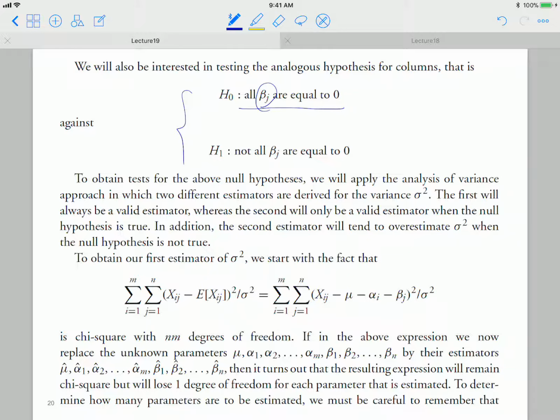Now we still utilize the same strategy. We apply two different ways of estimating sigma squared. In both the one-way and the two-way ANOVA, the common assumption that we make in all the cases is that the sigmas are the same.